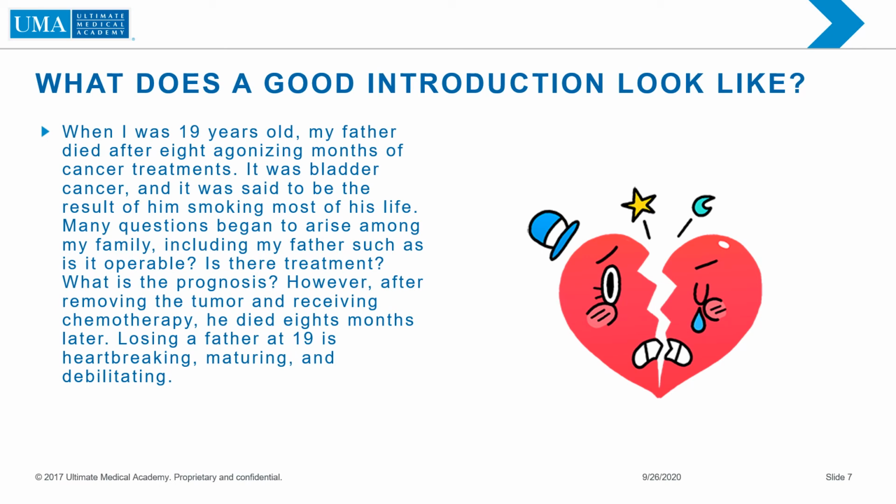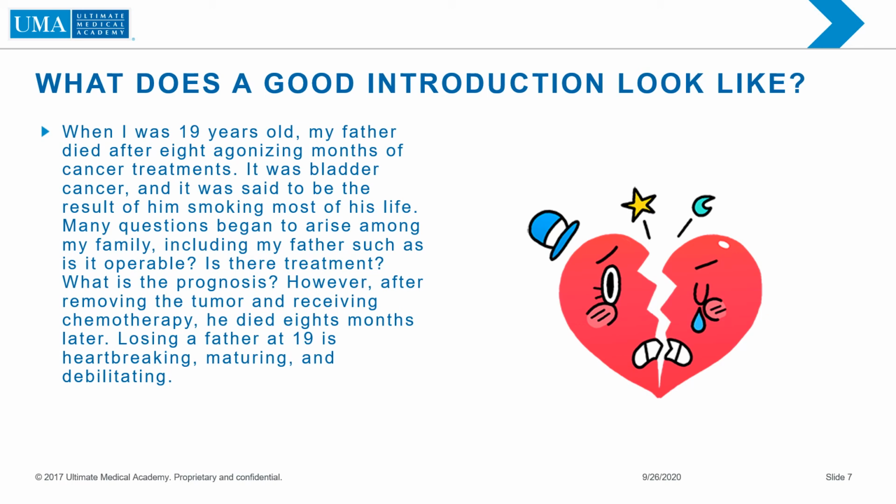So I have provided a little bit of background knowledge, meaning what kind of cancer it was. So in looking back, remember we talked about the ways that background information is presented, it can be a connection, maybe to what's going on in the world, the problem, the opportunity, or the necessary reason to talk about this. I feel as writing this introduction, I did more of the problem and the opportunity, because I talked about that it was bladder cancer and that it was a result of smoking.